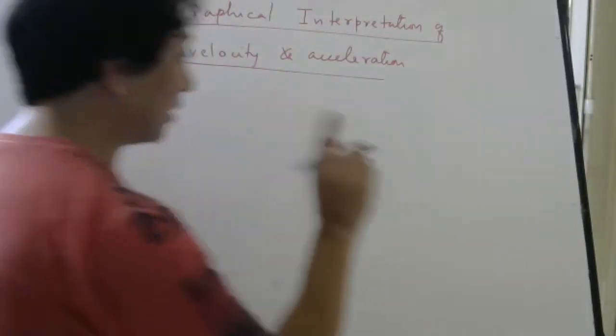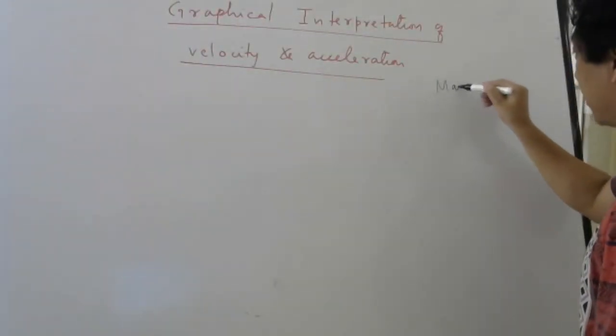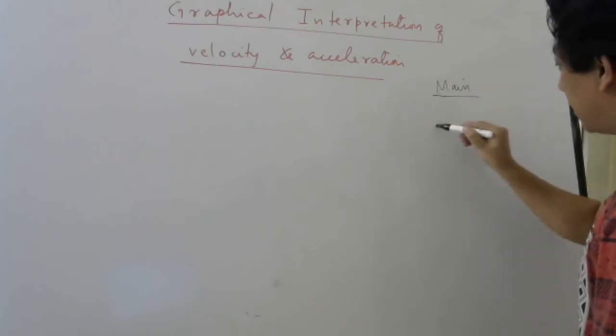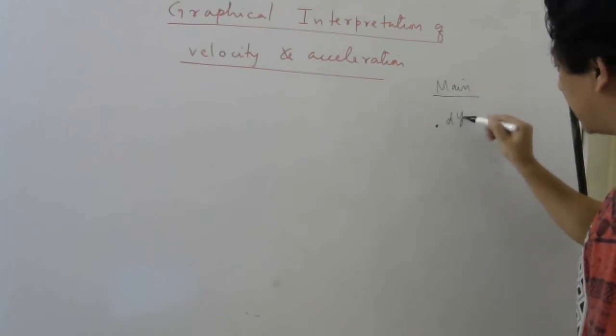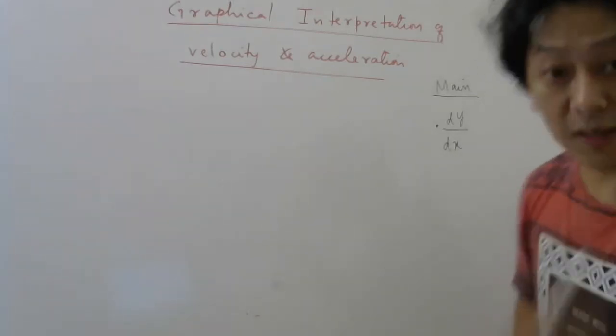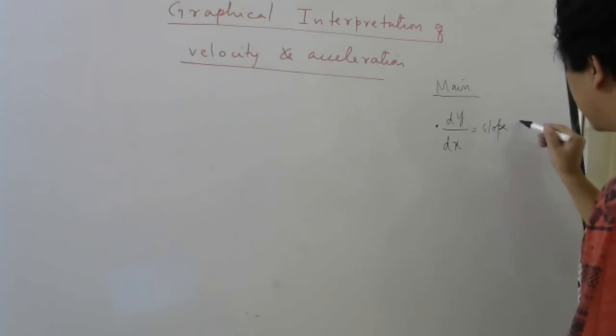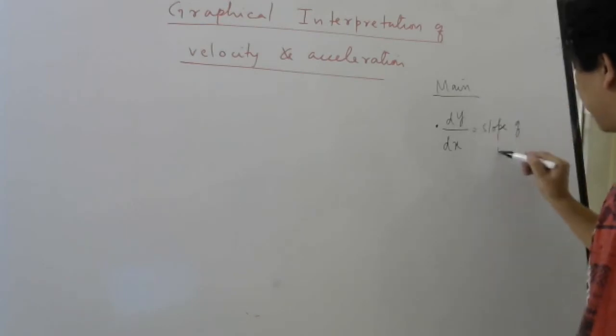So the main thing is this, again I am telling you, whenever I say something is very important, concentrate. When people write dy by dx, graphically it means slope of yx graph.